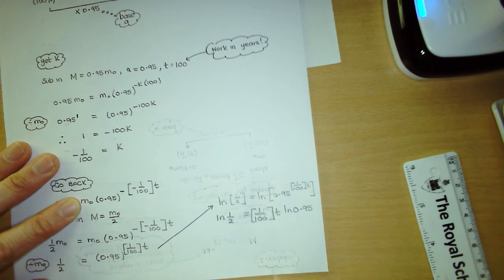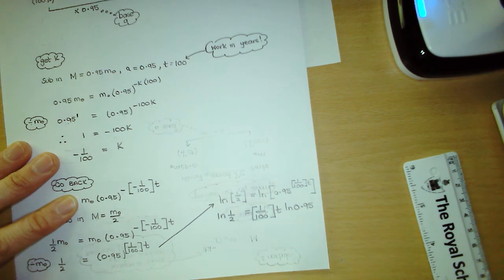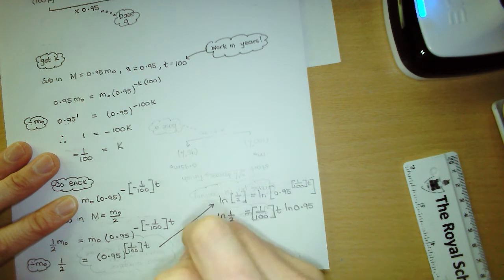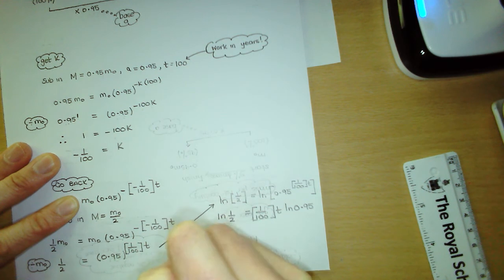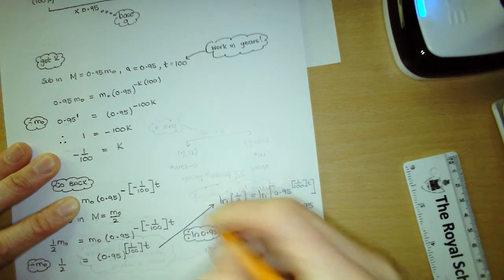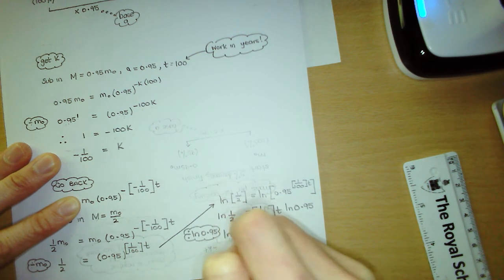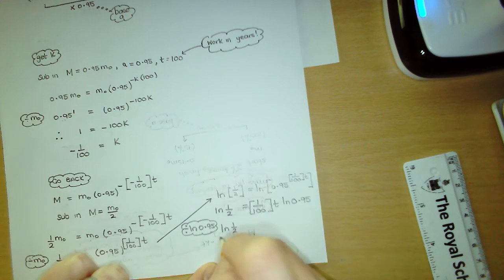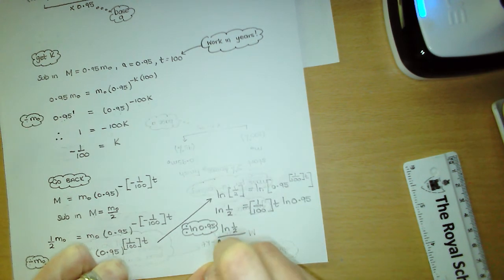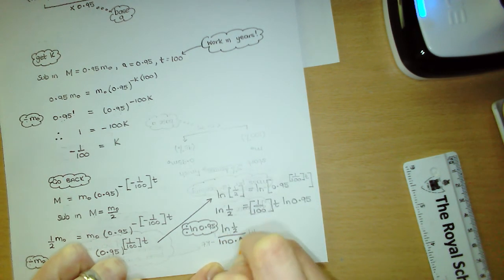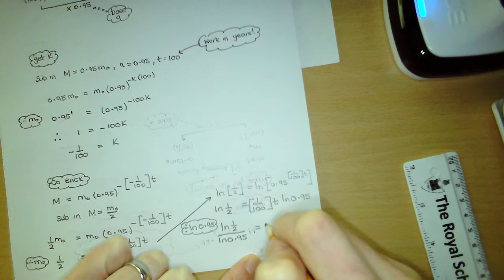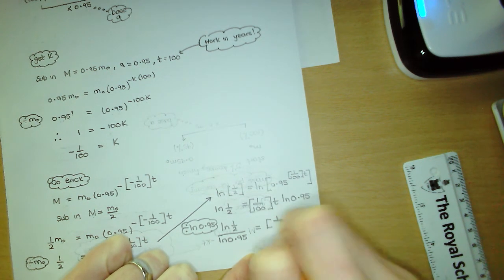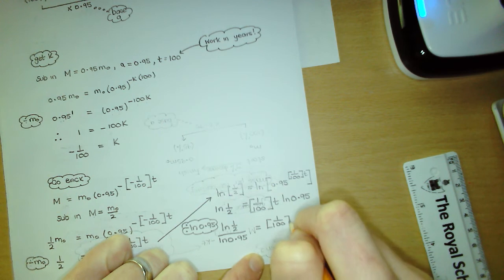Okay, plan. I'm going to divide both sides by the natural log of 0.95. So we're going to get natural log of a half all over natural log of 0.95, and that's equal to 1 over 100 multiplied by t.